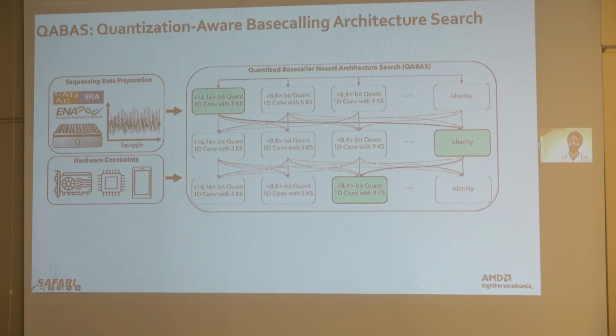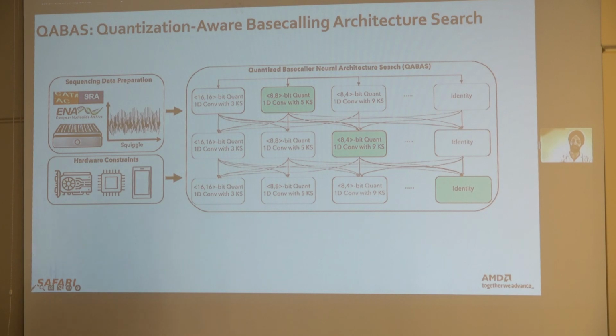Then during the search phase, we enable different edges and update the architectural weights. We go over different connections and choose different modules. For example, over here we have the first module, which is an 8x8 quantized convolution, connected to another 8x4 convolution. And then in the end we have identity.